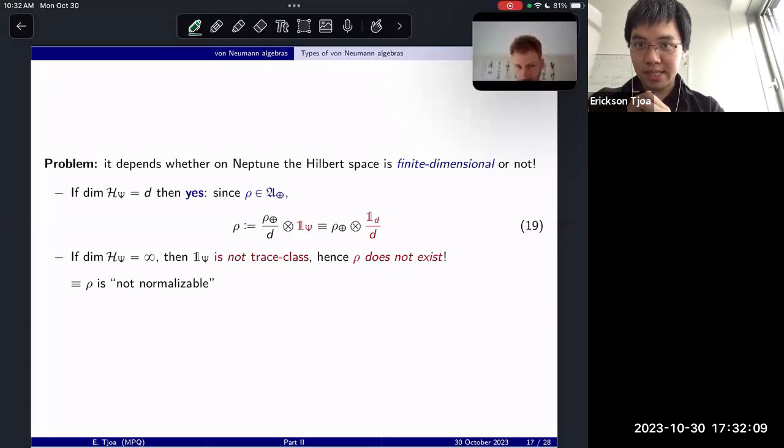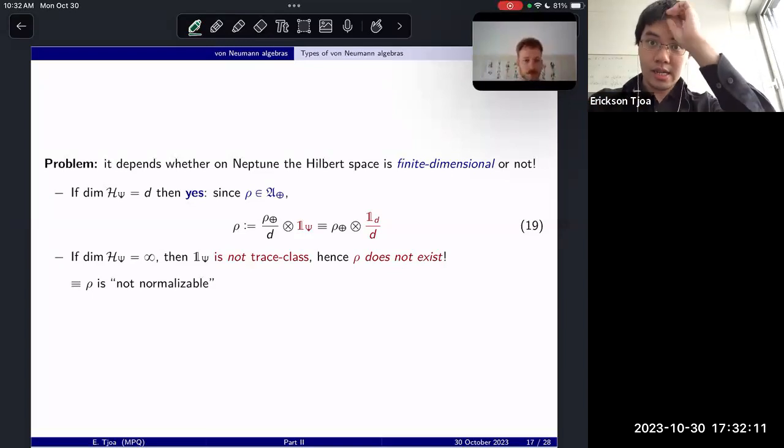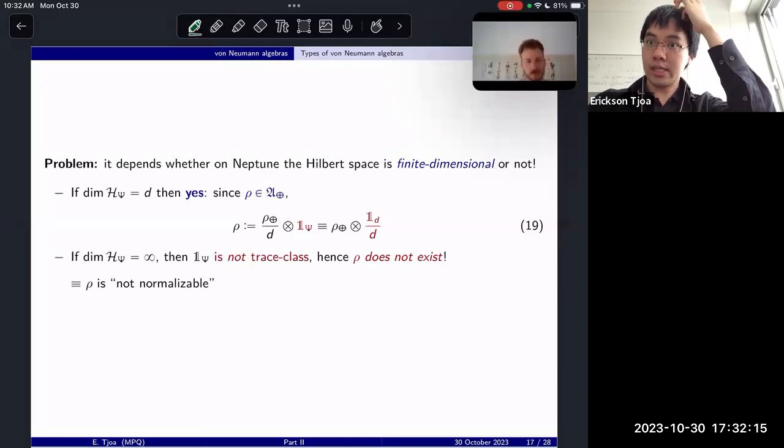Marek already mentioned, basically this is the statement that in general, rho is not normalizable if you want to think of density matrices as elements of the bounded operators that you have access to.